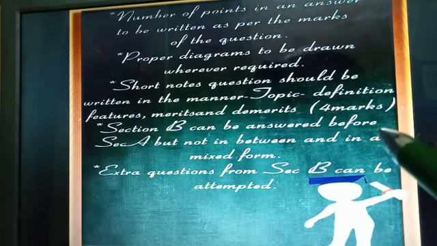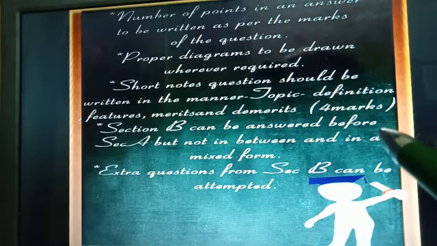Now, in section B, you have the last question in the form of short notes. You will be asked to write 3 short notes, each carrying 4 marks. When you are answering this, you should be confident in writing 4 things about that particular topic.